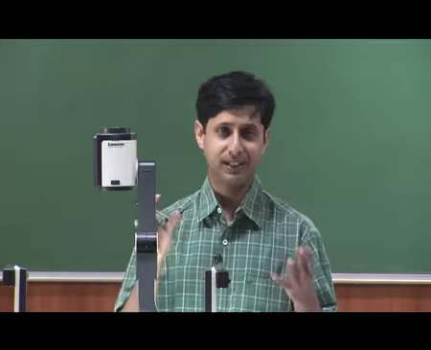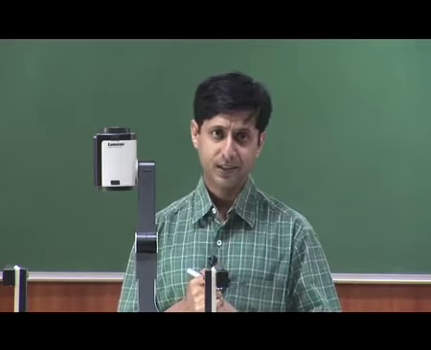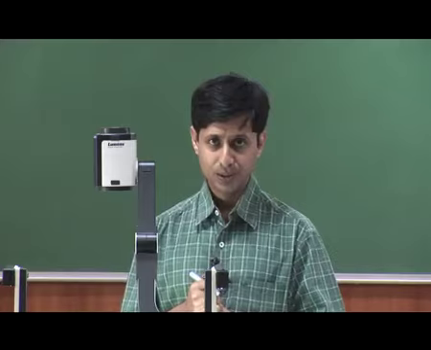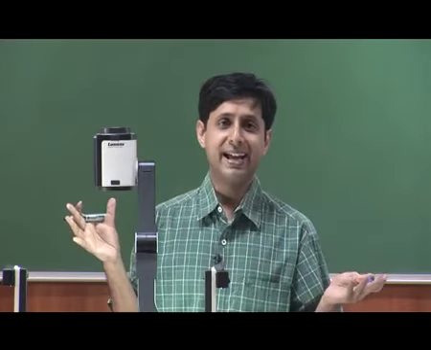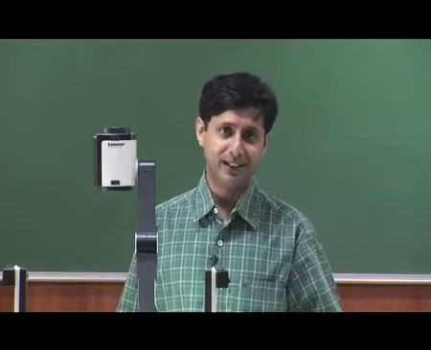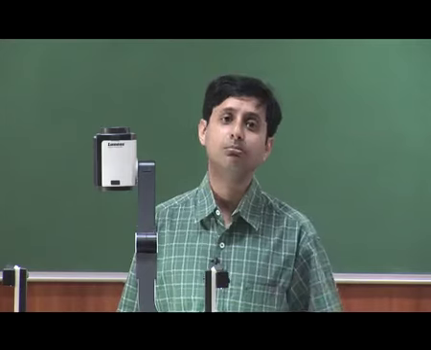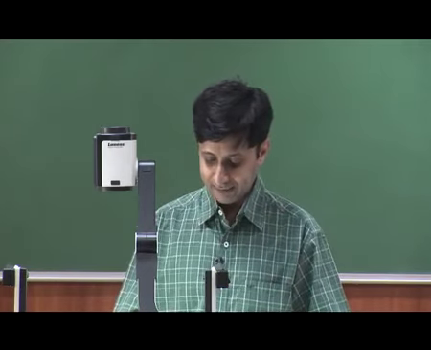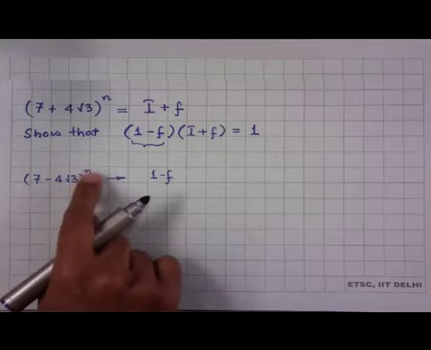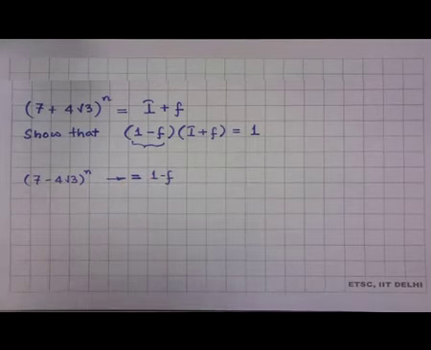So, clearly it is something less than 0.2. Okay. So, it is less than 0.2, that to the power n is certainly going to be less than 1, which means that the integer part of this is nothing but 0, which means 7 minus 4 root 3 whole power n is equal to 1 minus f.